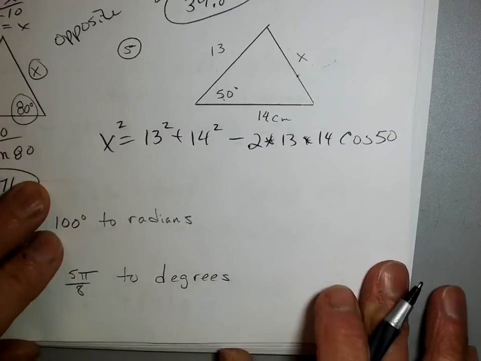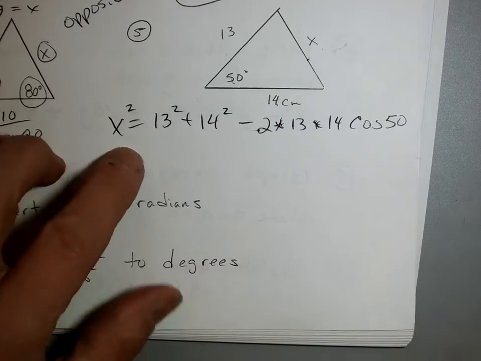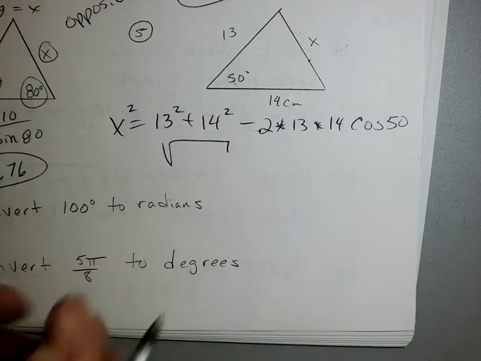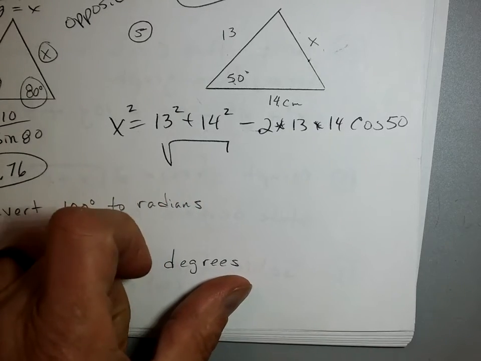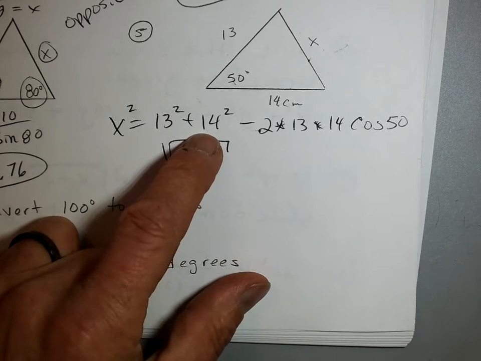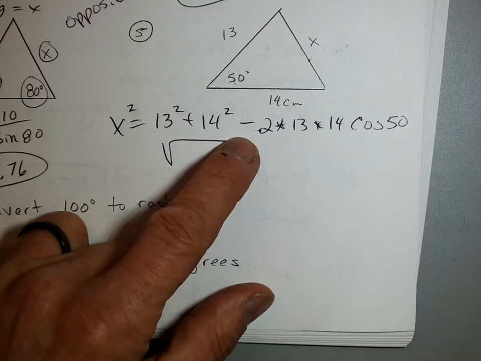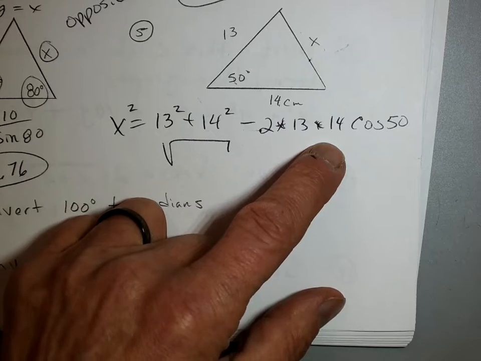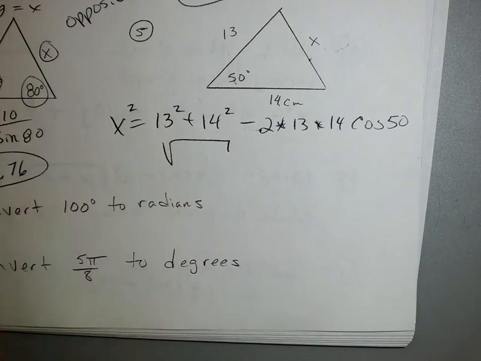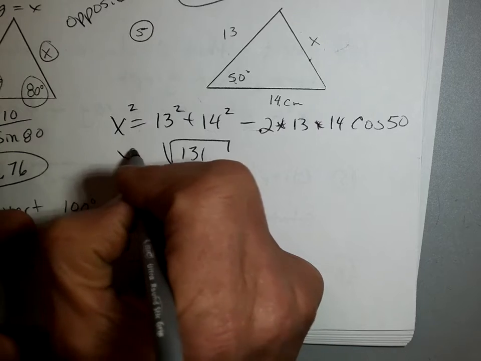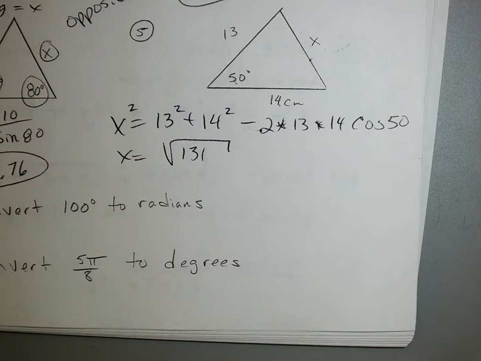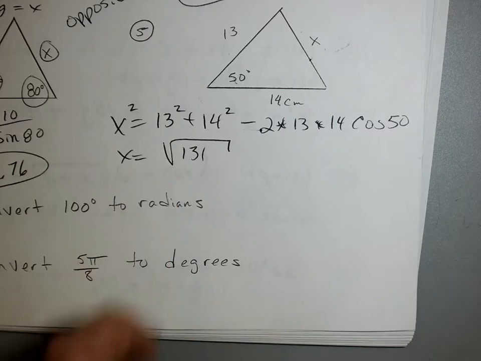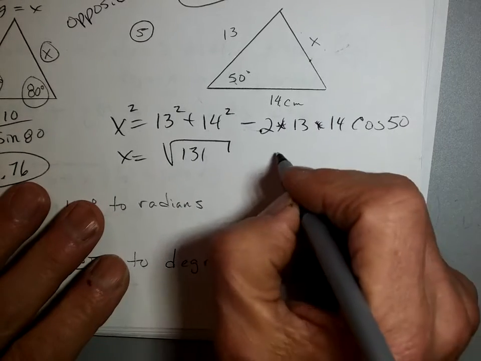I'm going to put all of that in my calculator: 13 squared plus 14 squared minus 2 times 13 times 14 times the cosine of 50, and I get about 131. But I'm going to take the square root of that, because it's x squared. So the square root of that answer is about 11.44, 11.45.